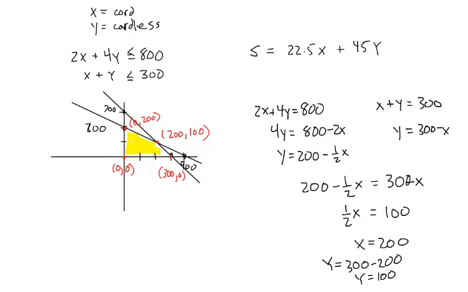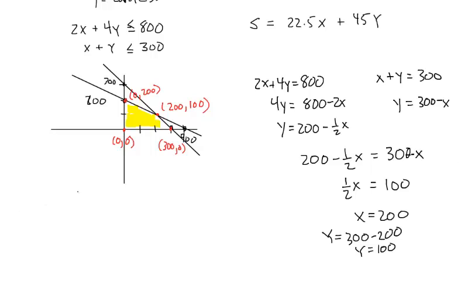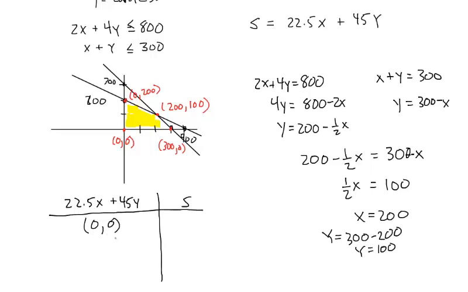Now in order to find which one maximizes our sales, we're going to use our sales function, 22.5x plus 45y, and test each of the corner points: (0, 0), (0, 200), (200, 100), and (300, 0).